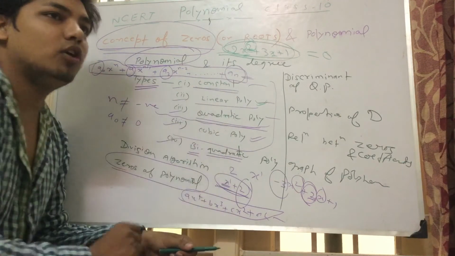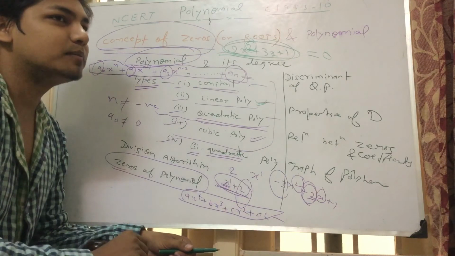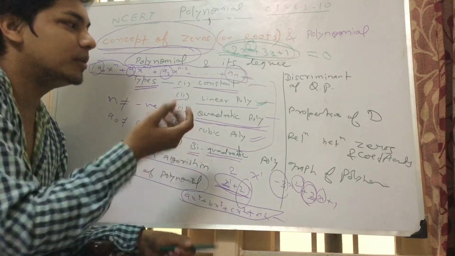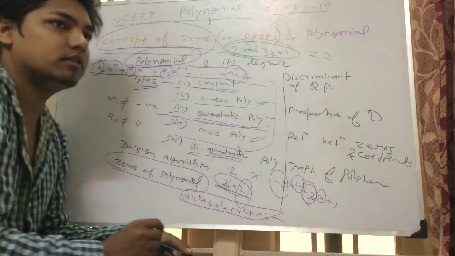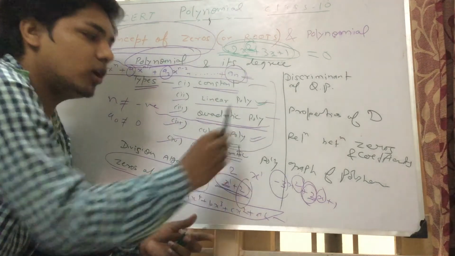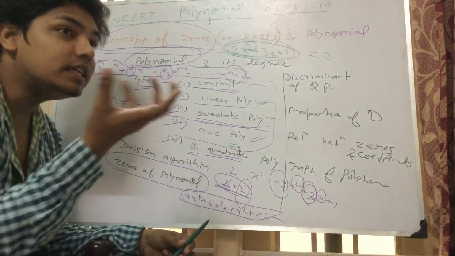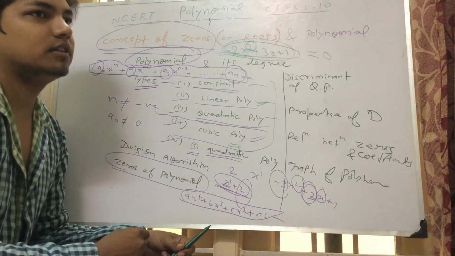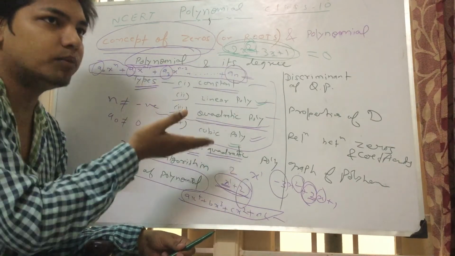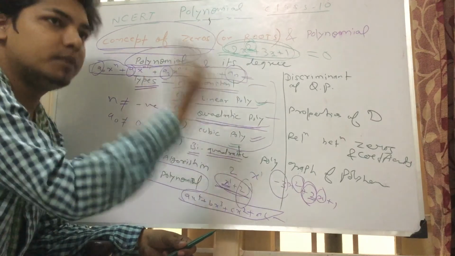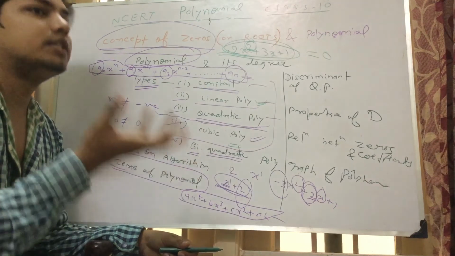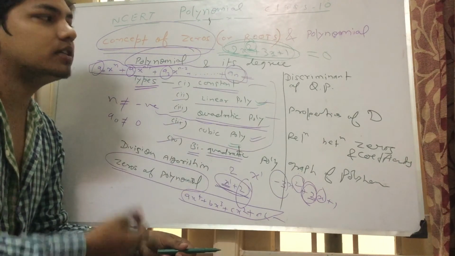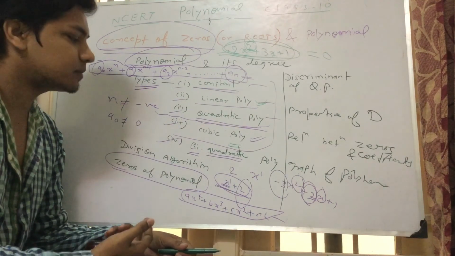In the case of a constant polynomial, we cannot get any number, because that is constant, there is no x, so I can't search for any value of x to put there. And in the case of a cubic polynomial, I will have 3 numbers, and if you put those 3 numbers in the equation one by one, the equation is going to be 0. So now you got the idea about zeros. They are also known as roots.